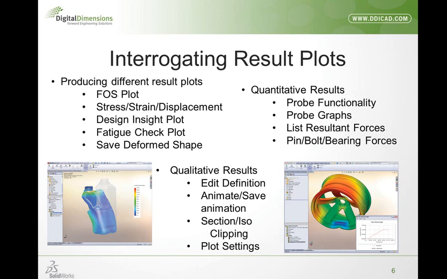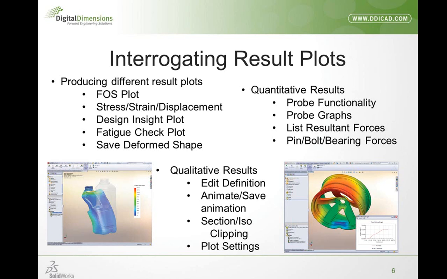Using these result plots, we have qualitative results that we can gain access to. At the bottom there, we have nice feedback with colors and exaggerations of deformations. This is all qualitative information that we can pull from our models and from our studies. So we will talk about these different aspects of our qualitative result plots.